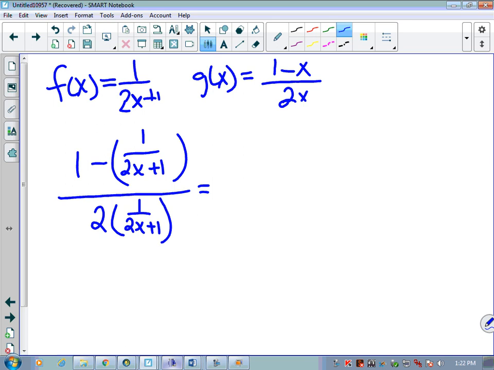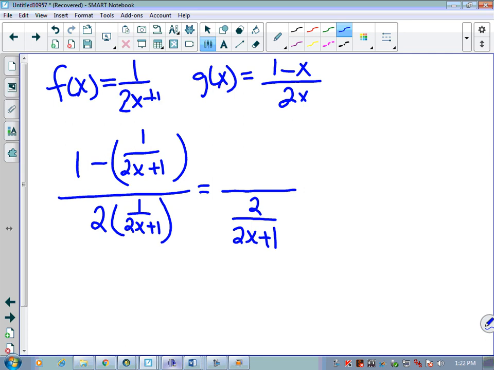Let's see. I'm going to start off with the denominator, just because it's a little easier. I'm going to multiply my numerators and my denominator, so I have 2 over 2x plus 1. Now I've got to look at 1 minus 1 over 2x plus 1.